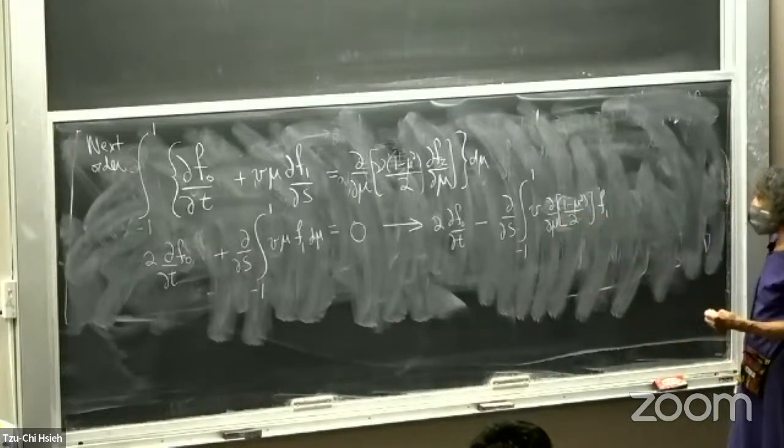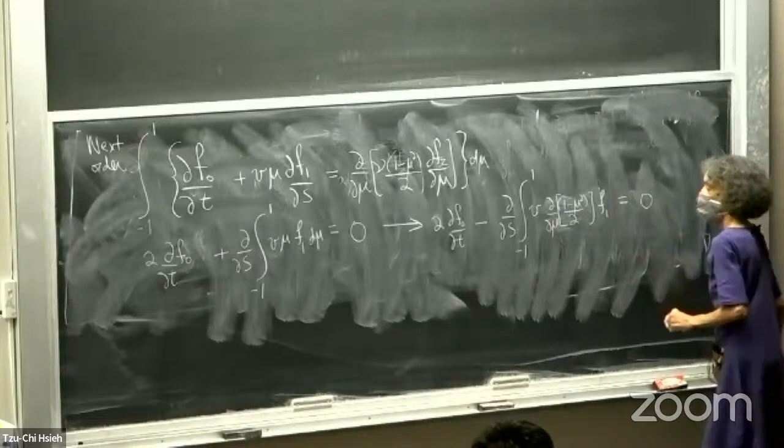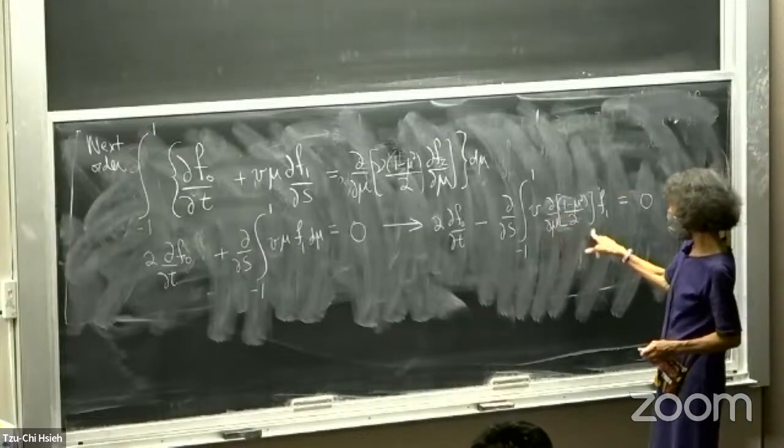And that's why I changed the sign. So that equals 0. Now we can integrate it by parts.